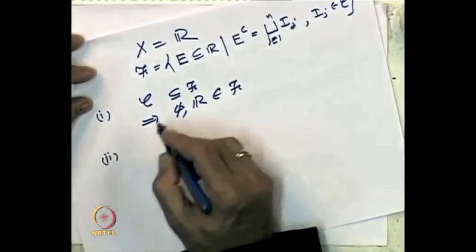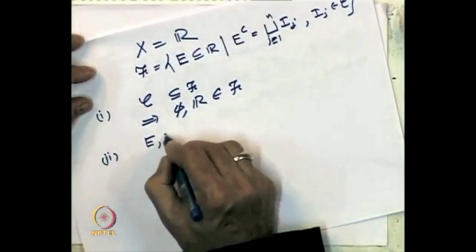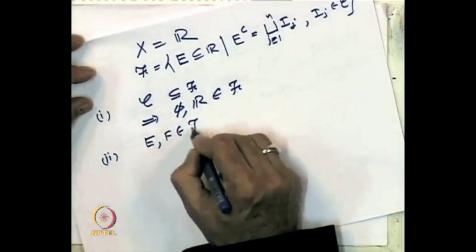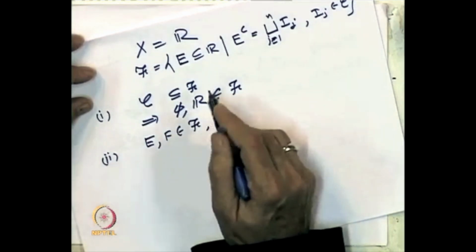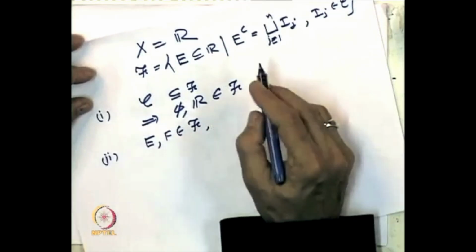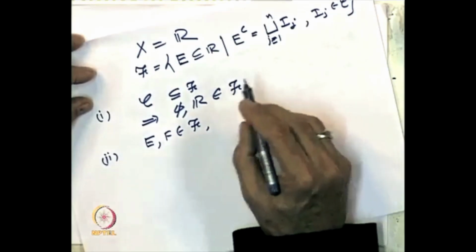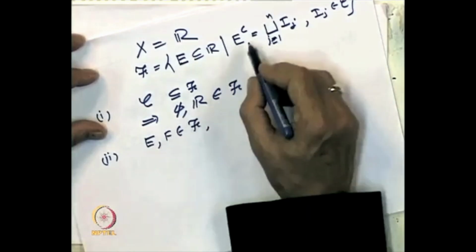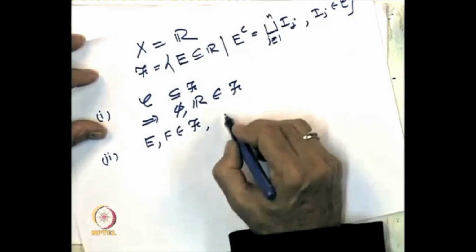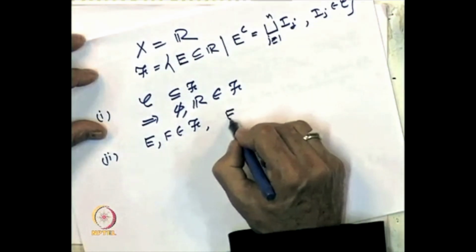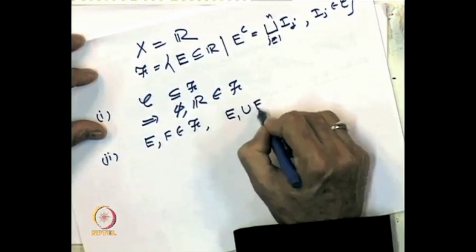Second, if E and F belong to this collection, then what is E? E is a disjoint union of intervals. So let us write E1 union E2.